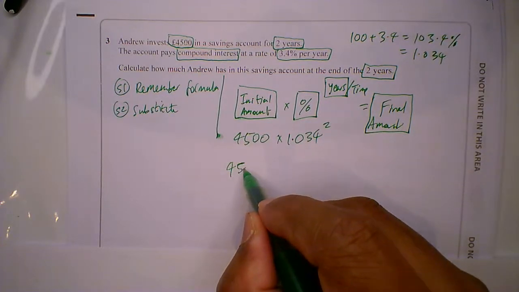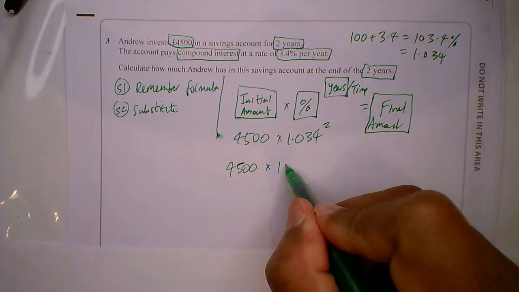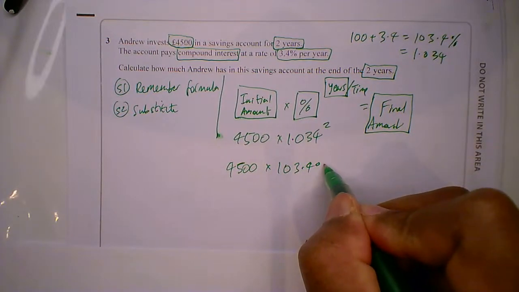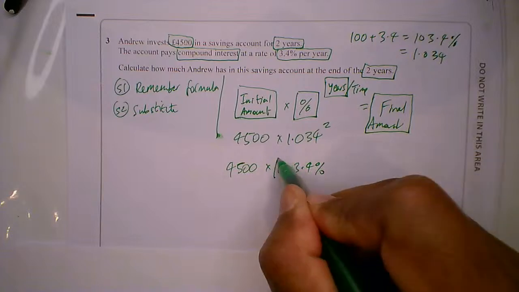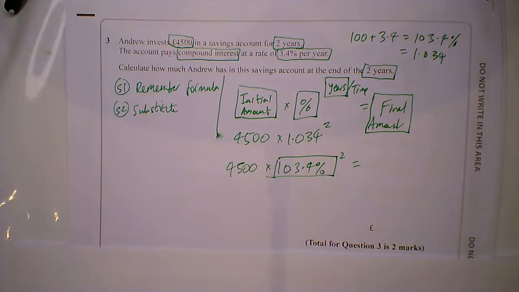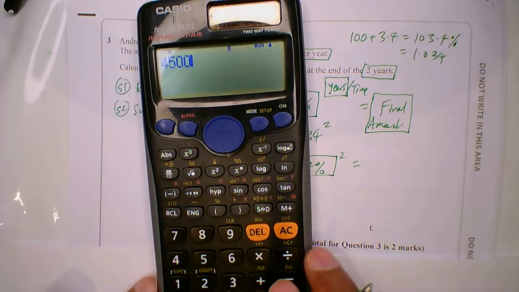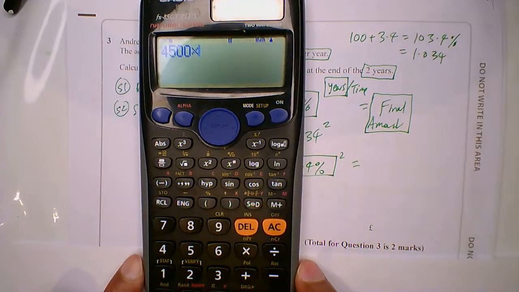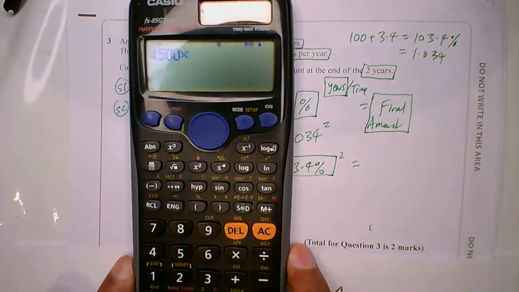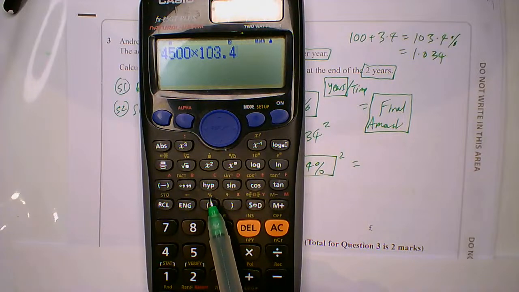And I haven't done this before as much, but I can also put the percentage in 103.4% squared. Okay, I'll use both methods. So 4500 times by 103.4, and the percent button is here on top of the open bracket.